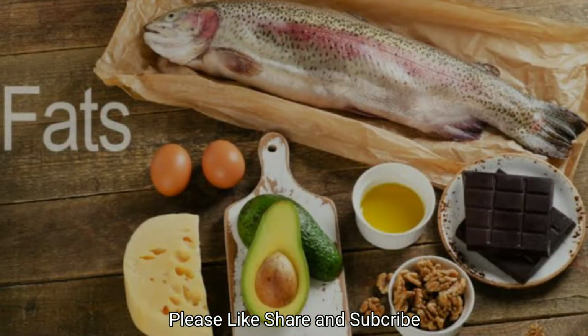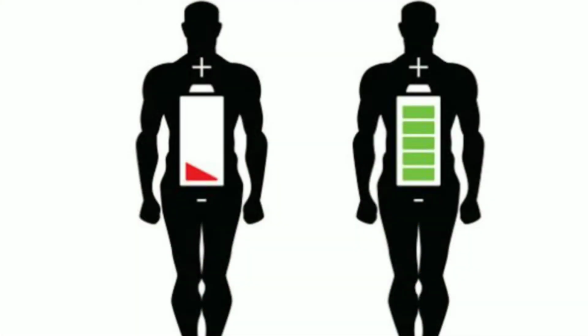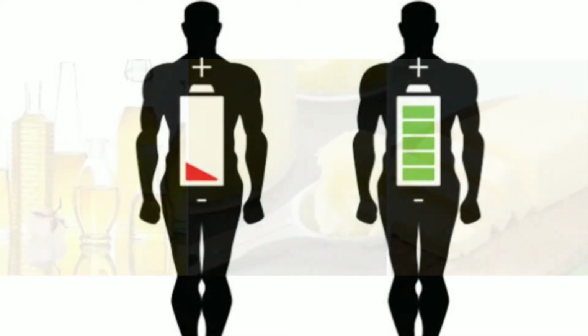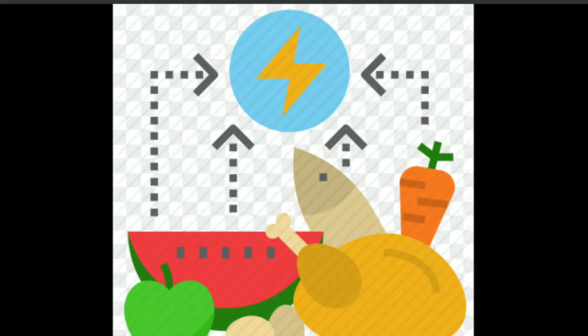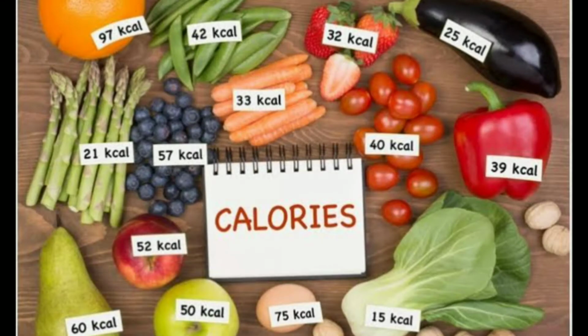Fats. Some part of our energy requirement is also fulfilled by fatty foods such as oil, ghee, and butter. We get energy in the form of heat from the food we eat. Heat is measured in kilocalories.